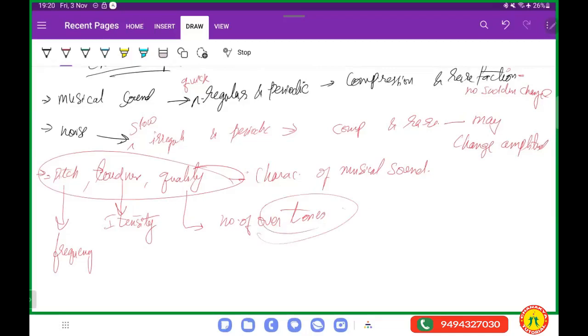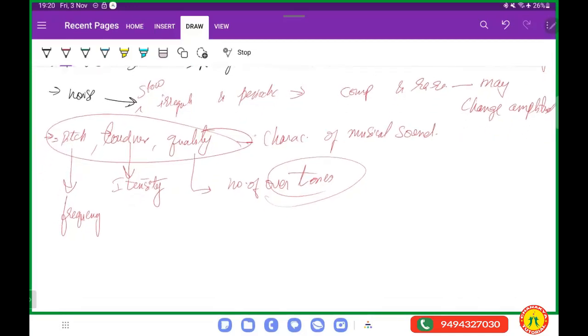Overtones means like a part of some musical notes or harmonic. Okay. Anything else we need to see?